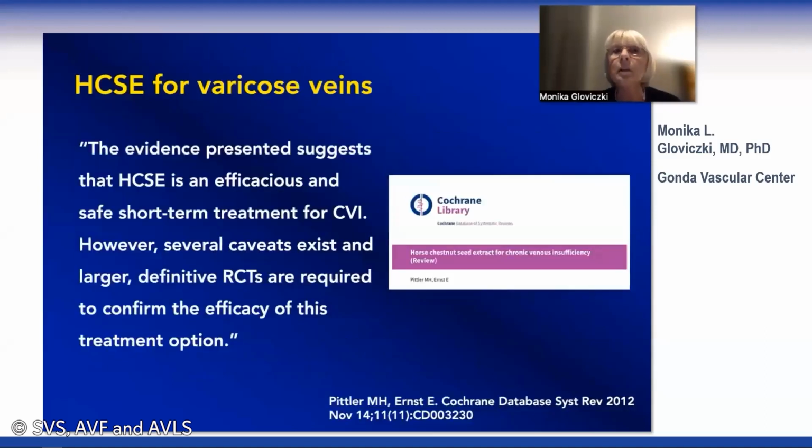For horse chestnut, we found the Cochrane Library review in chronic venous insufficiency, and the conclusion of it was that the evidence presented suggests that horse chestnut is an efficacious and safe short-term treatment for chronic venous insufficiency.